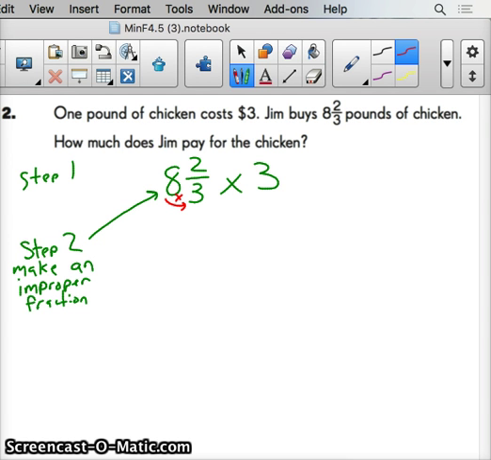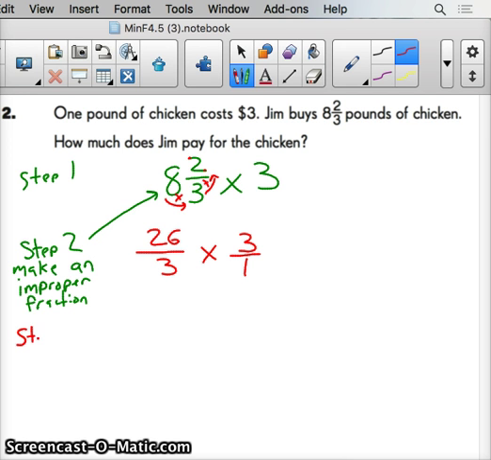And I'm just going to multiply that. And then all I also have to do is add back the 2. 8 times 3 is 24, plus 2, 26. 26 over 3, times 3, or 3 over 1.